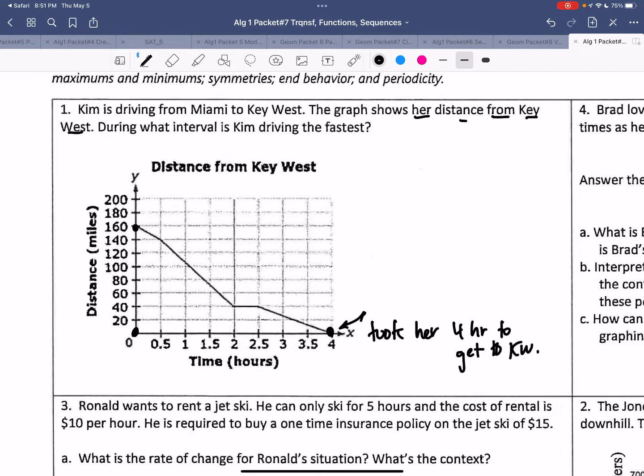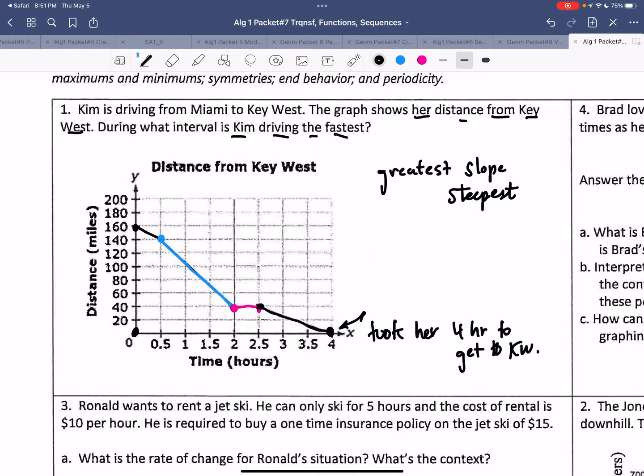During what interval is Kim driving the fastest? That would be the greatest slope, or the steepest, because that's its rate of change. So that's one slope. Here's another. Here it's going at a constant speed, and then this last one.